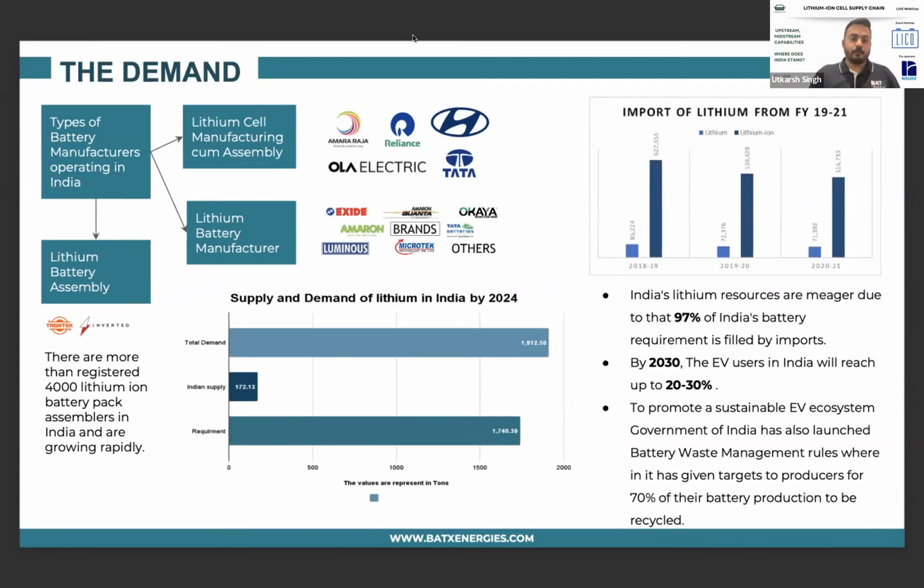At the same time, because of certain shortage in the market that has come in because of electric mobility, India is now failing to import lithium for various applications, that is the pharmaceutical industry and other industries. So there's a huge opportunity for us as recyclers to circulate the materials back into the Indian ecosystem.